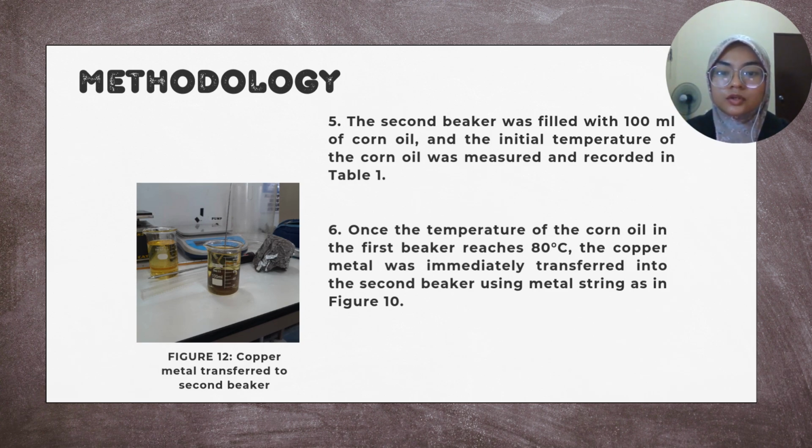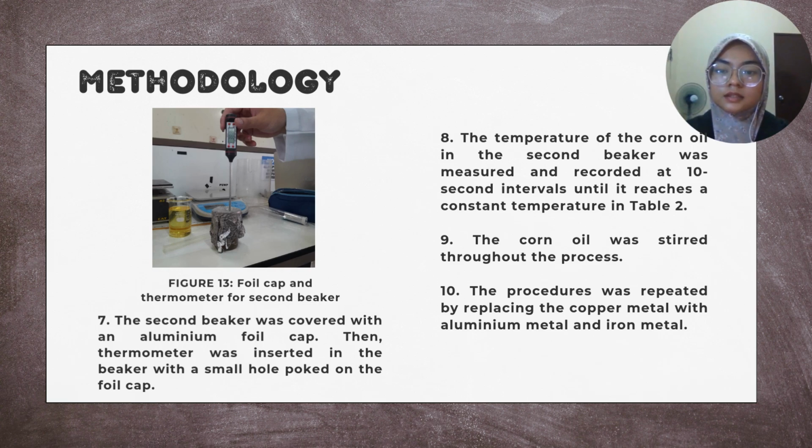Once the temperature of the corn oil in the first beaker reaches 80 degrees Celsius, the copper metal was immediately transferred into this second beaker using the metal string as in the figure. Next, the second beaker was immediately covered with an aluminium foil cap, and then the thermometer was inserted in the beaker by poking a small hole onto the foil cap.